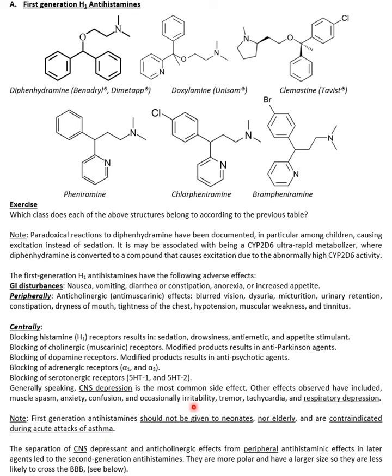And I also remembered one thing: among these central effects, sometimes we could actually use these effects to our advantage, like to design anti-Parkinson or antipsychotic drugs, improve the appetite, or to treat nausea and vomiting. In fact, Benadryl has been used for that purpose.